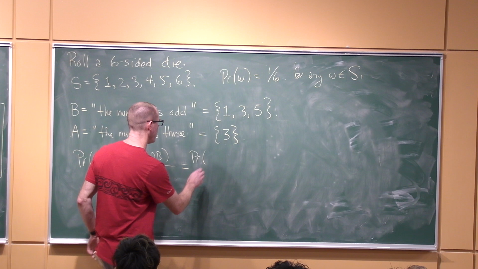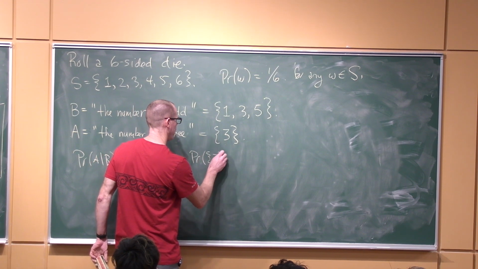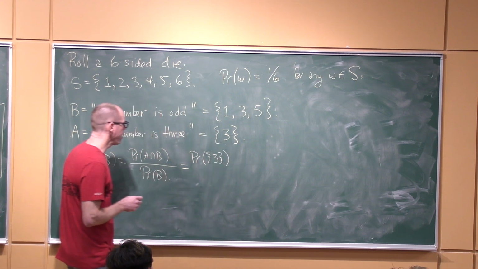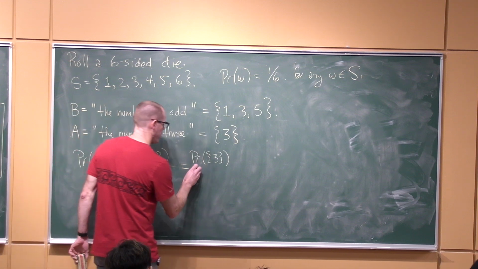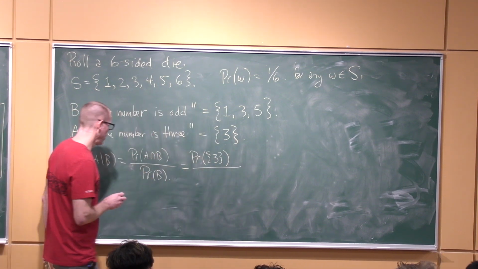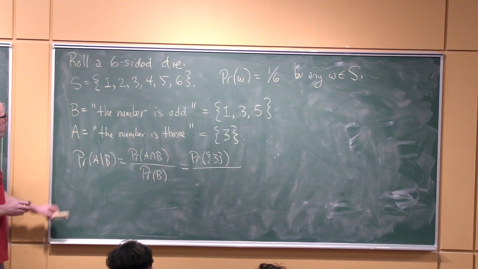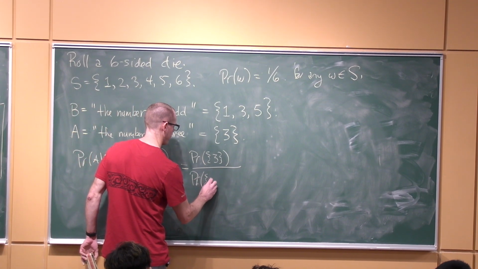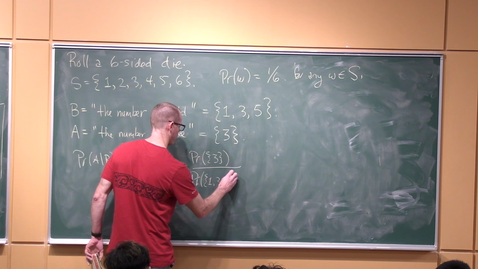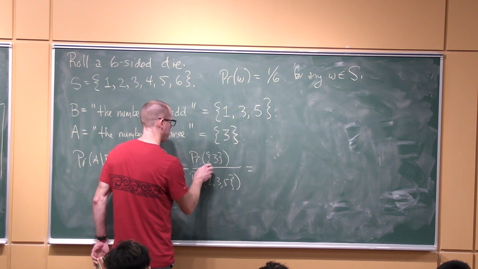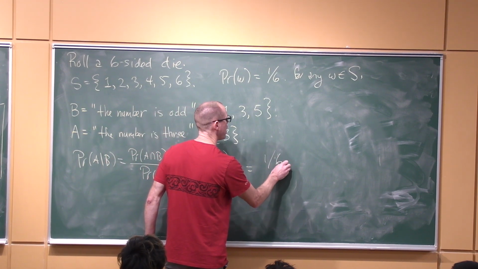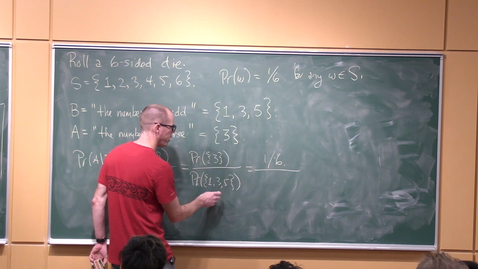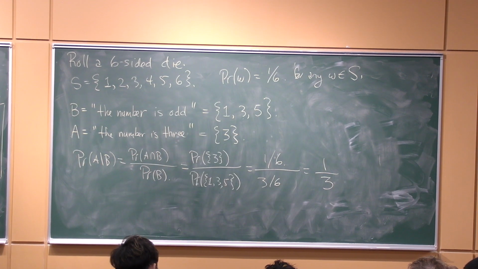So A intersect B is 3, because that's the only thing in A. And B is just this set. So over on top, we have 1 out of 6, and on the bottom, we have what I would expect, right? This definition is behaving the way we would hope.